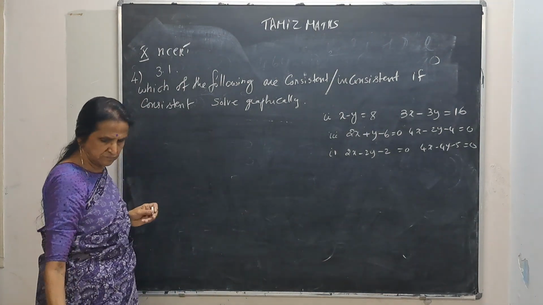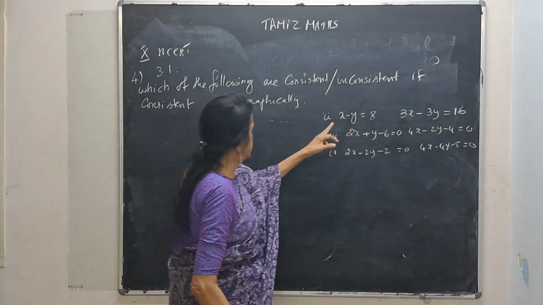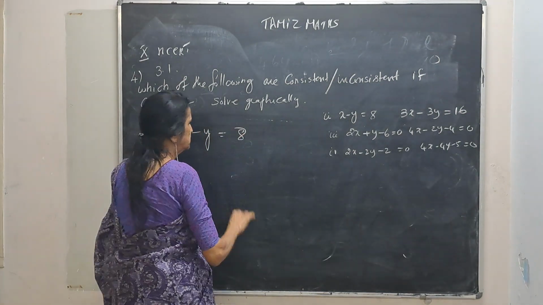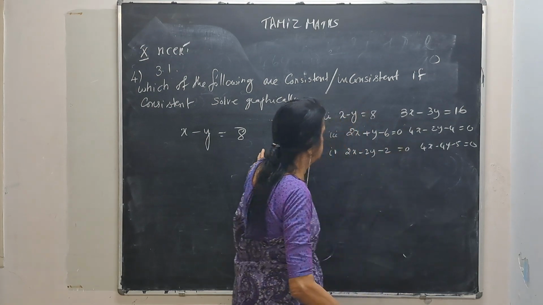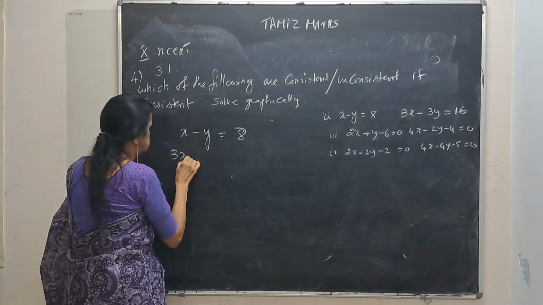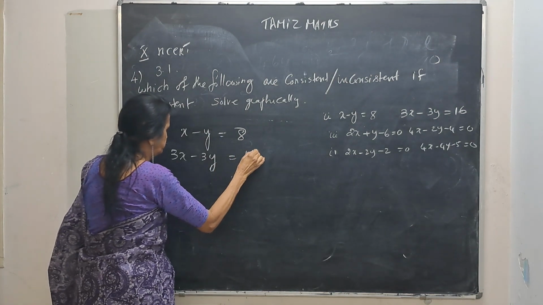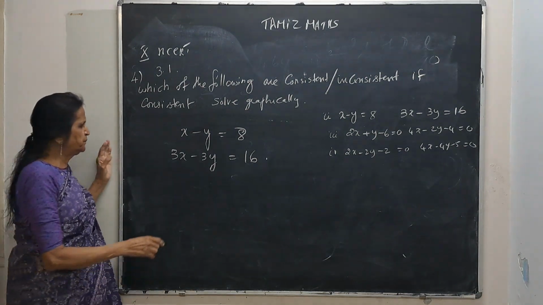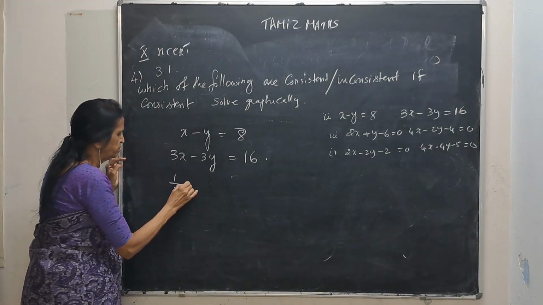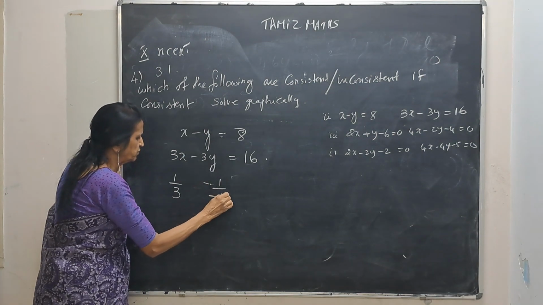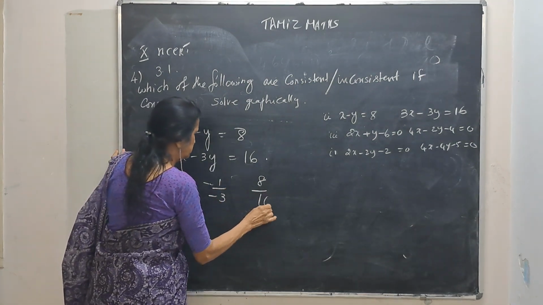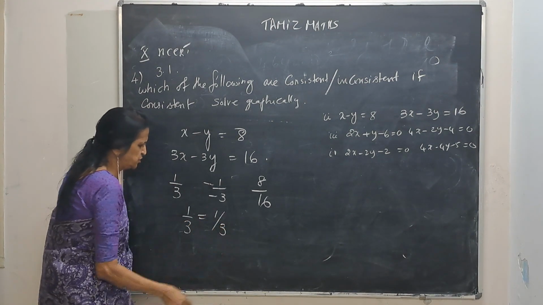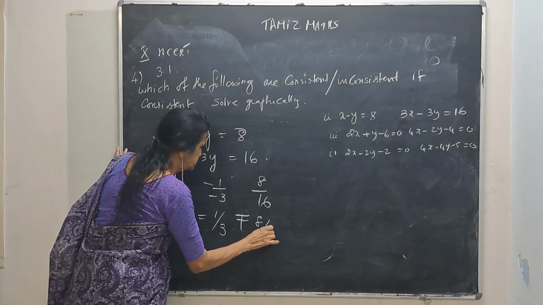Problem 2. x minus y is 8, and 3x minus 3y is equal to 16. a1 by a2, b1 by b2, c1 by c2. a1 by a2 is equal to b1 by b2 and it is not equal to c1 by c2.